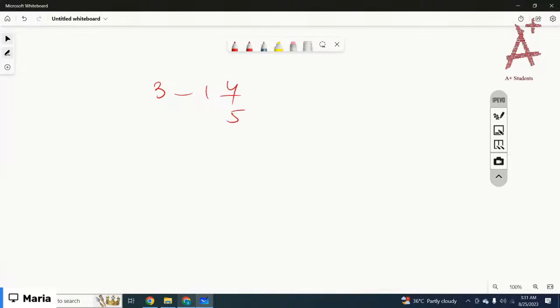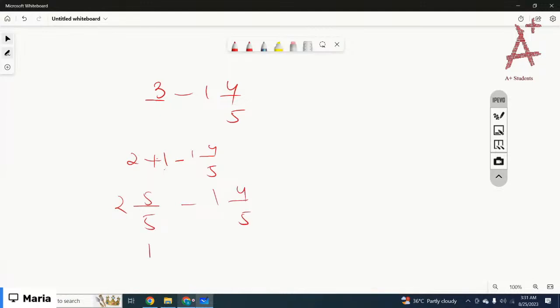You can write 3 as 2 plus 1, right? You can write 1 as 5 over 5, right?